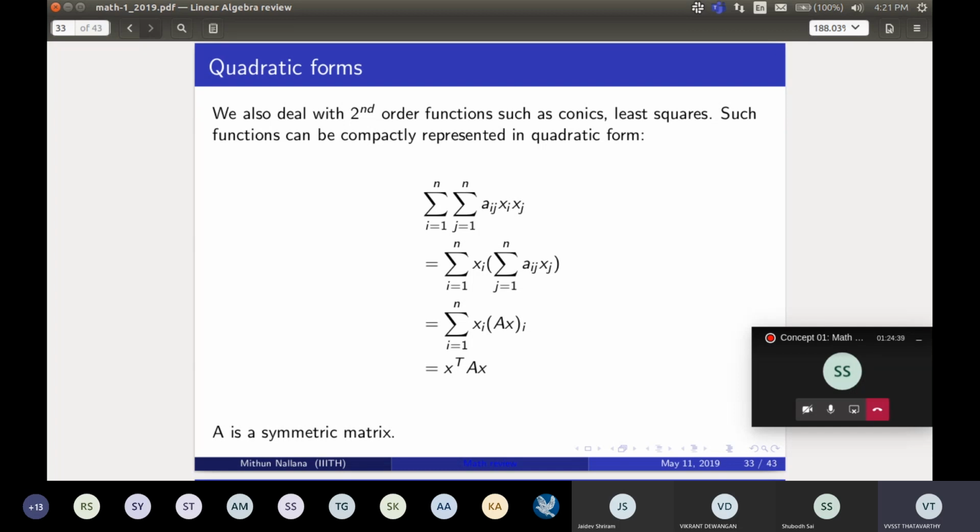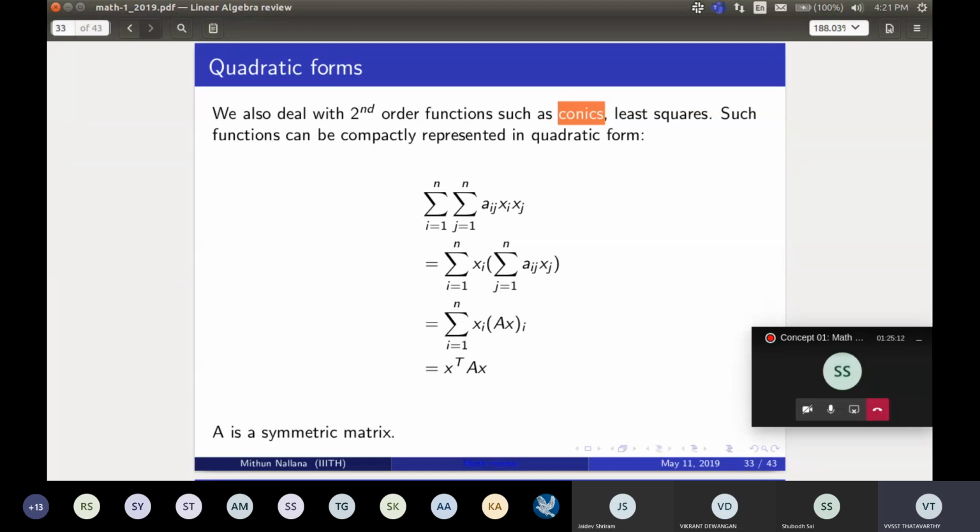But if you take a second order function, we call that quadratics, and it forms conics, the different sections of cones, like circles, ellipses, parabola, hyperbola. They are just different versions of the same quadratic form or second degree function. Such functions can also be represented in matrix form.